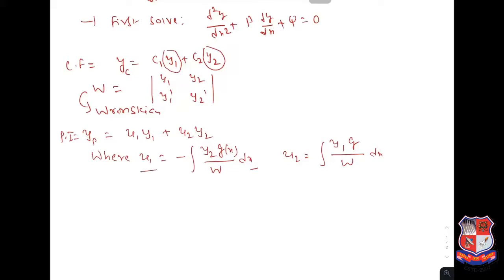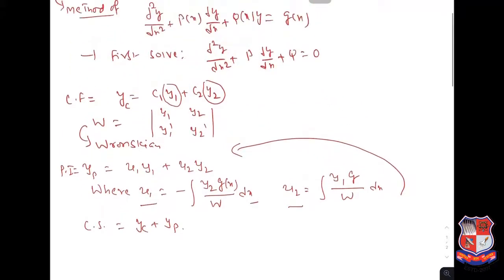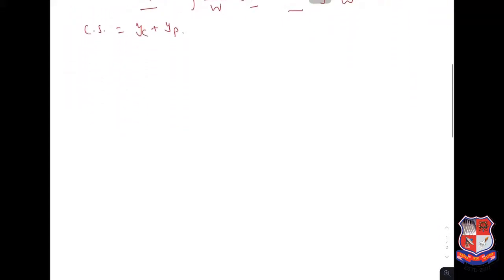So this is the way you find out u1, u2, and then plug in those values here. So that is the yp, and then finally we add it with the complementary function, so that will be the complete solution. So that is yc plus yp. So this is the way we can solve the example, and this method is known as the method of variation of parameters.